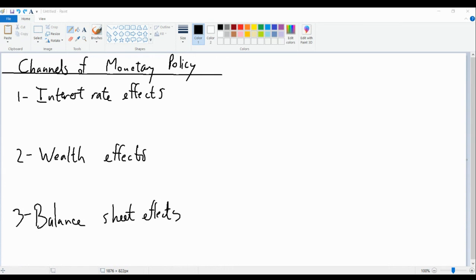Okay, so let's see specifically. I talked about the balance sheet effects broadly. There are several reasons why there are balance sheet effects. Again, one is that if interest rates are lower, then the burden of any loans that you took out as a business or as a household, for that matter, is now lower. So that increases your bank capital.